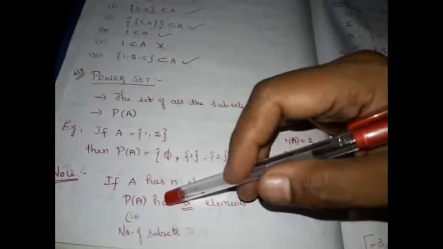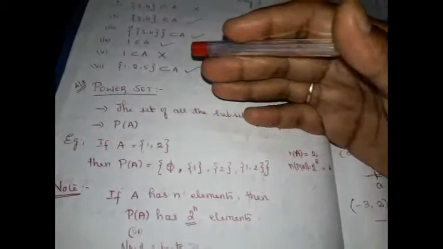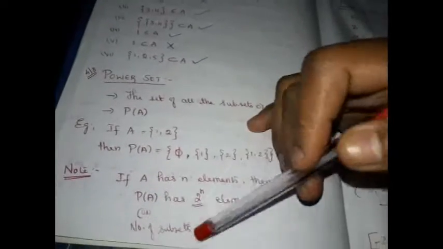So indirectly you may get a question like, how many subsets will a set A have if it has n elements? Then it will have 2^n subsets. The number of power set elements is the same as the number of subsets, right? If the set A has n elements, then its power set will have 2^n elements, which means the set A will have 2^n subsets, right?